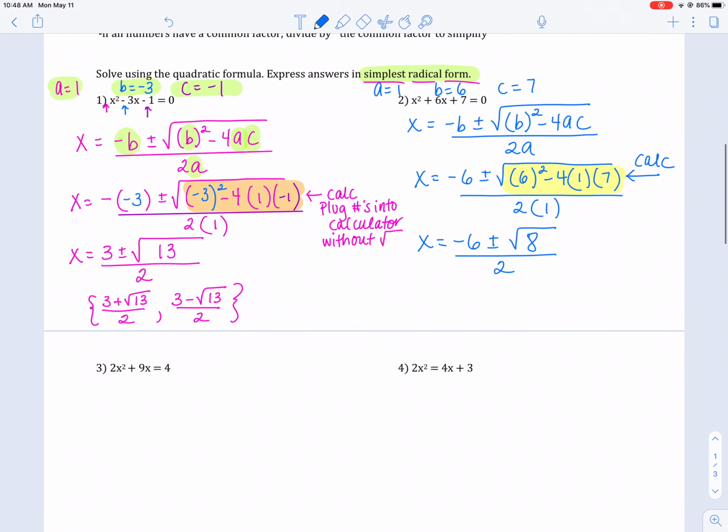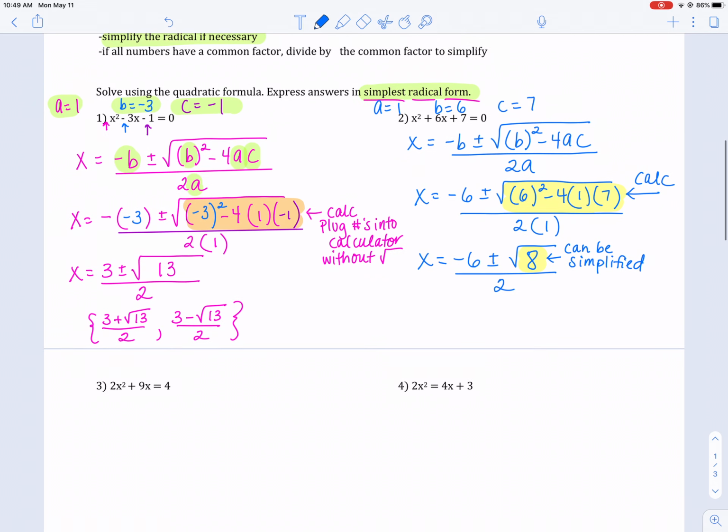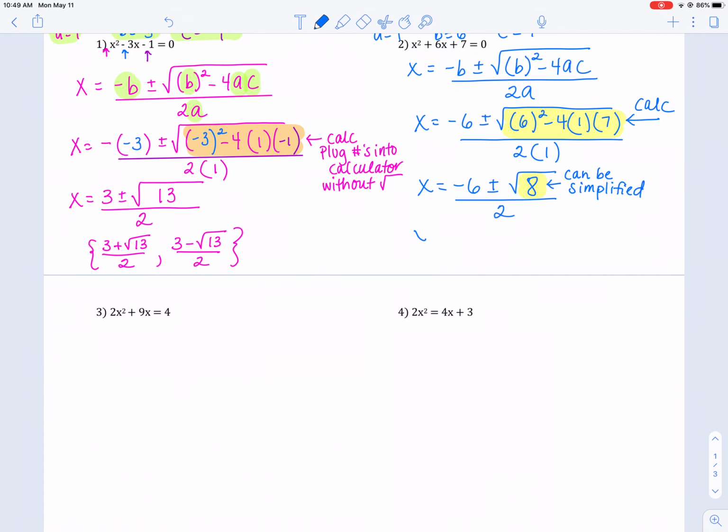Okay, so here's where it gets tough. I wish I had more room. This number 8, what did I always used to say? I hate radical 8. This radical 8 can be simplified. In other words, it is not in simplest radical form, which is what we need here. So you have to say to yourself, I can simplify this into 2 numbers where one of them is a perfect square.